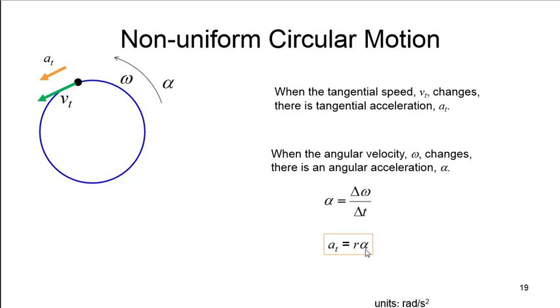Our units for angular acceleration are just radians per second squared. The one thing we have to be careful about with our angular acceleration is the sign, whether it's positive or negative. It's the same thing: if the angular acceleration is in the counterclockwise direction, we're going to consider that a positive acceleration.